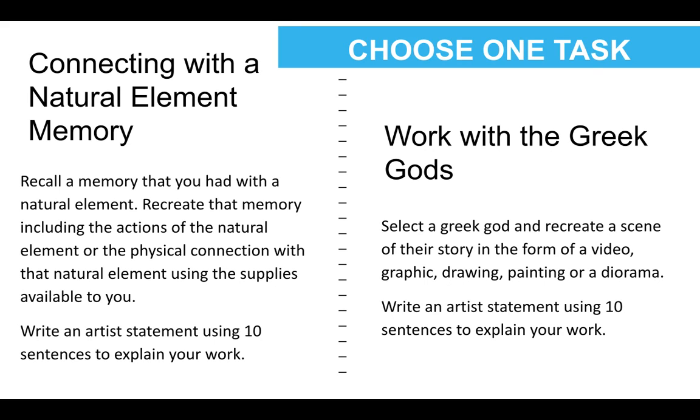And I want to give an example of what this could be. If I recall a memory of an occasion that I dealt with a natural element, it could be there was a time where my husband and I were coming home from dinner and there was a huge windstorm, right before a big thunderstorm that was rolling through, and we were just running down the alley to our house as we parked the car, and there was wind all over the place, and paper was flying and cardboard and dust particles.